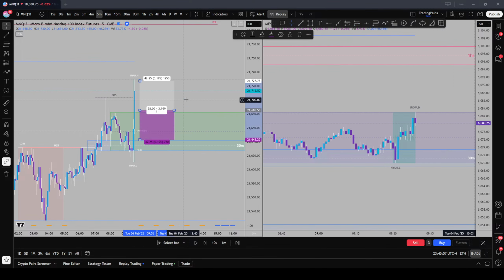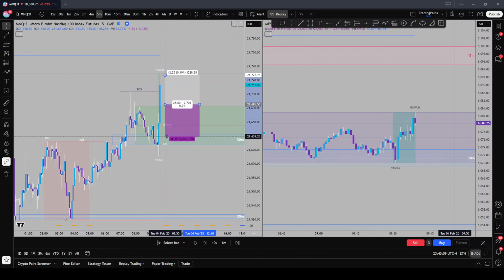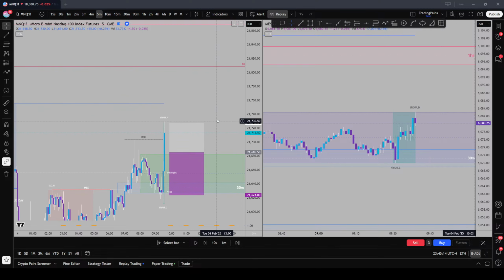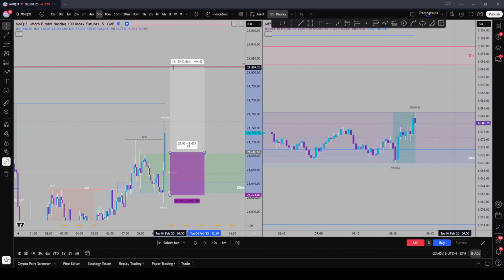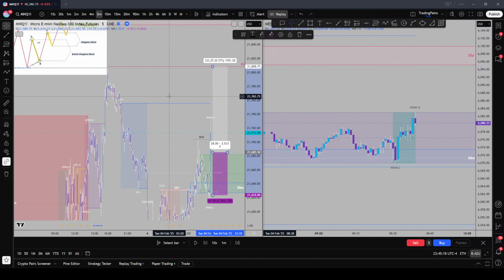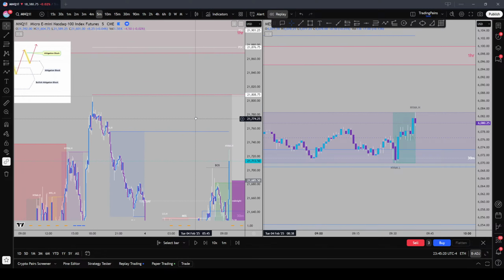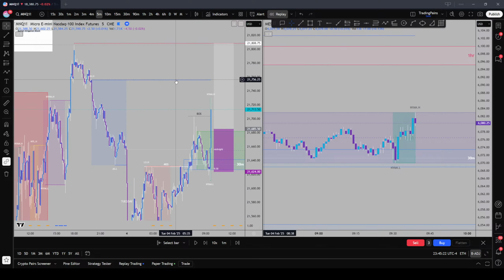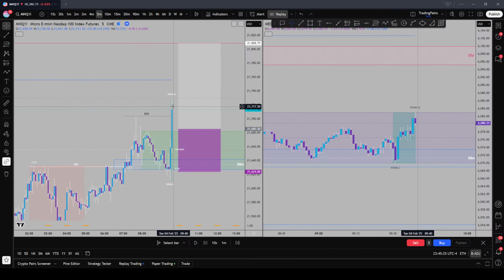Right? Like that. And then we put it underneath here, targeting this previous lower price side. There's Asia high right here too.